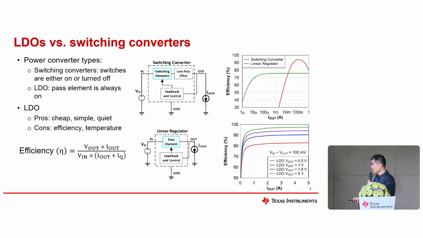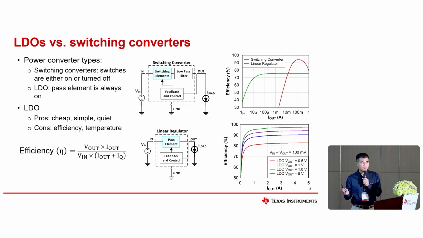The right is a plot of the efficiency. During heavy load, from this curve we can see the red curve represents the switching converter efficiency, which is higher compared to the LDO.